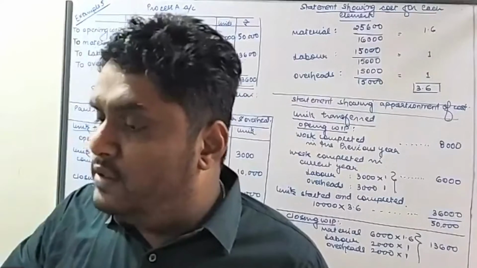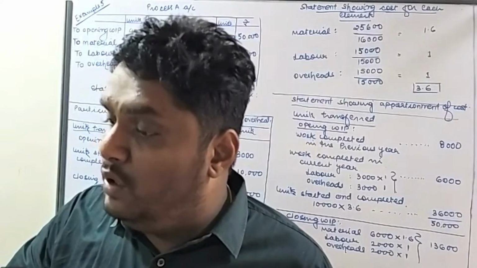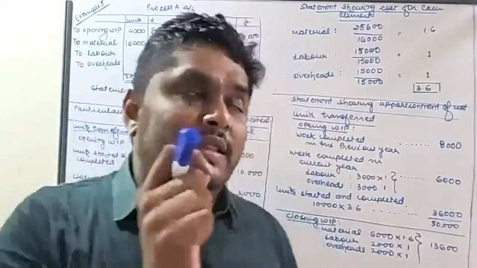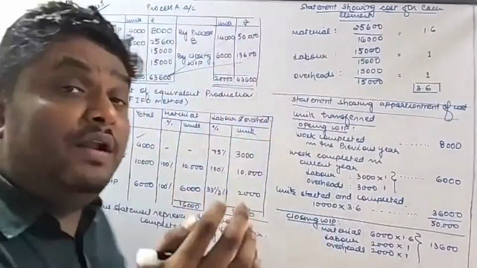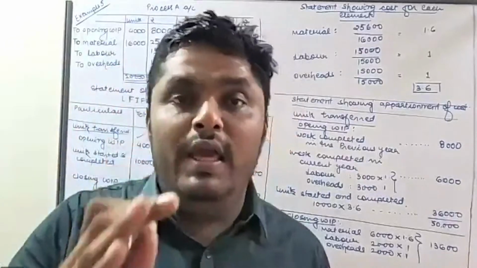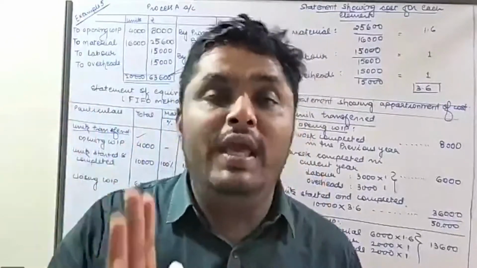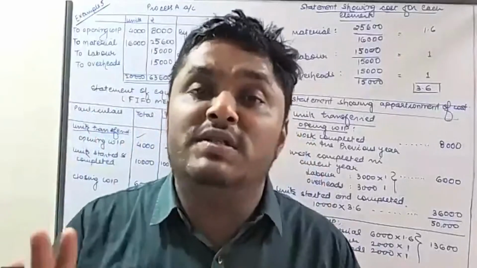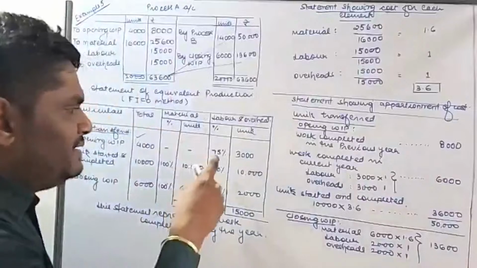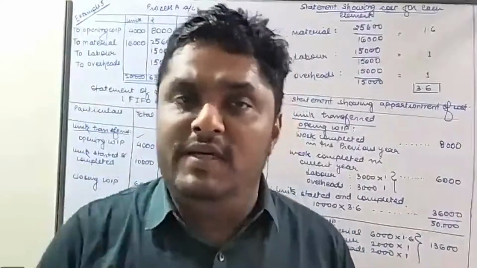Samohini, see, sir, work completed in the previous year indicates the entire total of material. See, herein it is given in the question that for these 4,000 units, the work that is already completed, that is, when talking about material, 100% material was already processed. And when talking about labor and overhead, it is processed up to 75%. So the balance work, sorry, 25%, was the work that is done in the previous year.